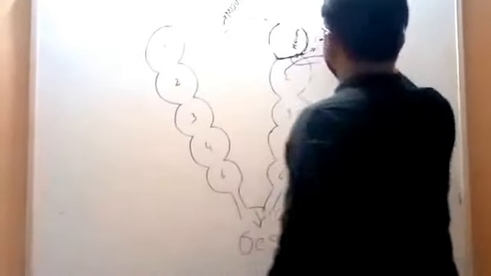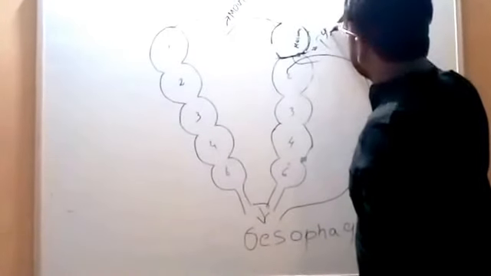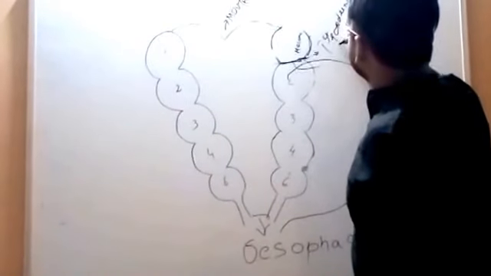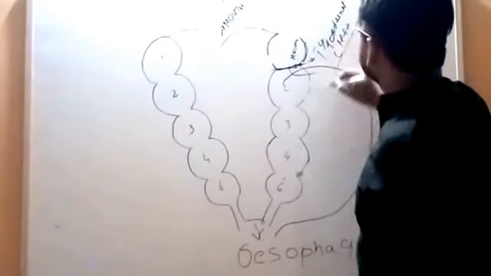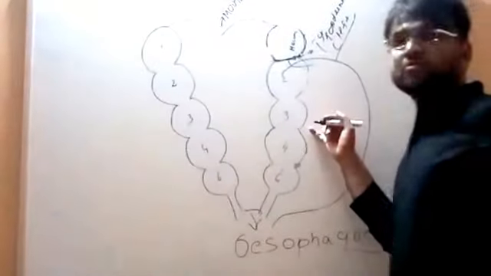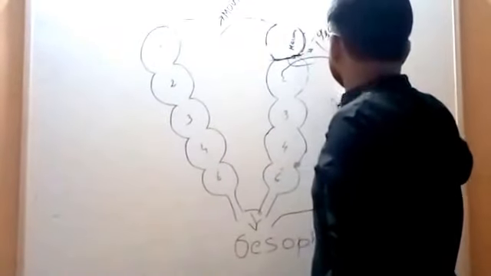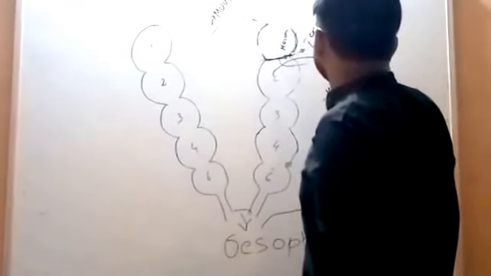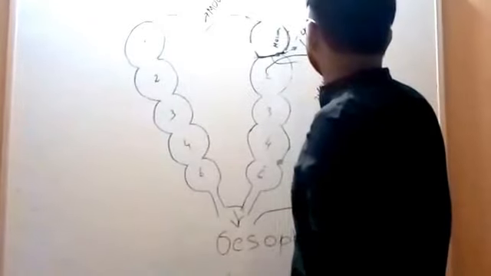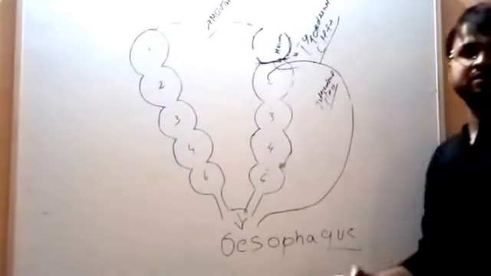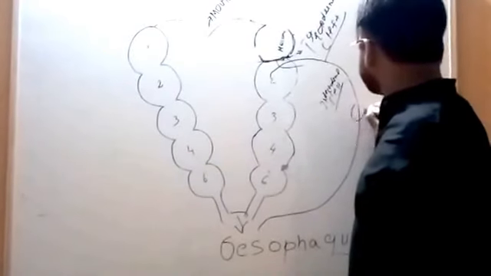So there is only one ectodermal cleft, and this is the second ectodermal cleft. Suppose this pharyngeal arch obliterates in between, then it gives rise to a cyst.